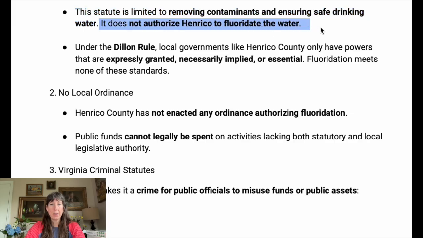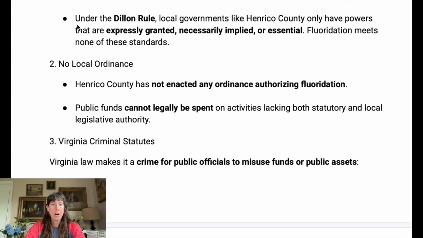It does not authorize Henrico to fluoridate the water. Under the Dillon Rule, local governments like Henrico County only have powers that are expressly granted, necessarily implied, or essential. We covered that earlier. Fluoridation meets none of these standards.